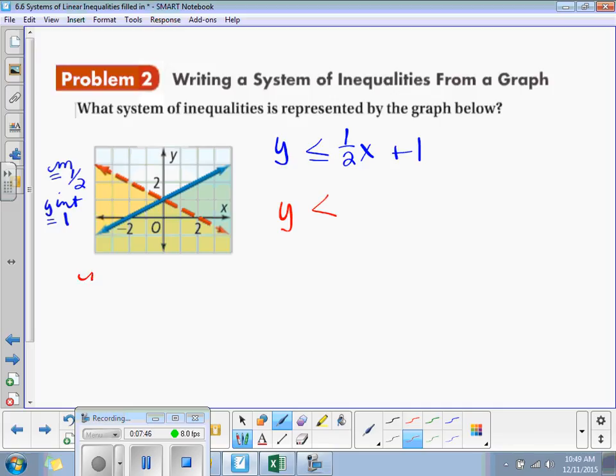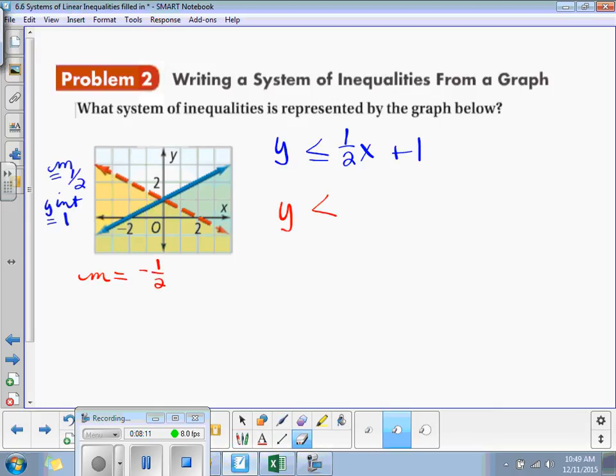For the slope of the red line, let's choose this point and this point. So we're going down 1 to the right 2, the slope is -1/2.